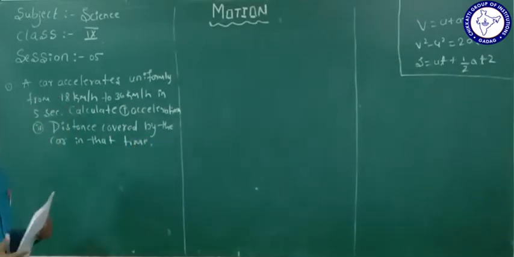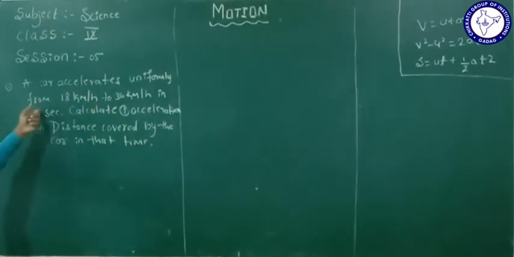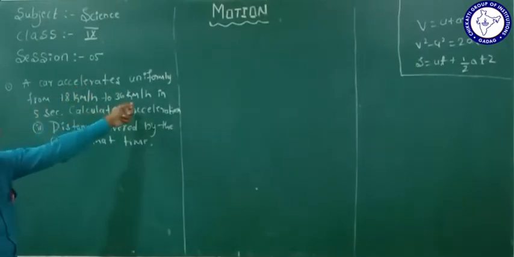Once again, you have to read the given problem. A car accelerates uniformly from 18 km per hour to 36 km per hour.